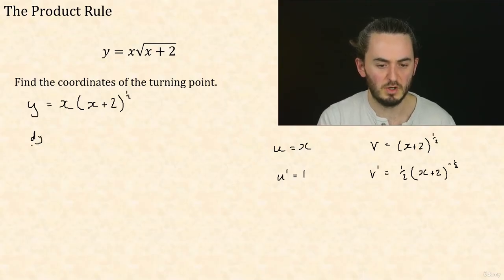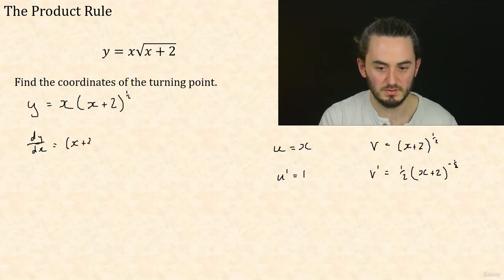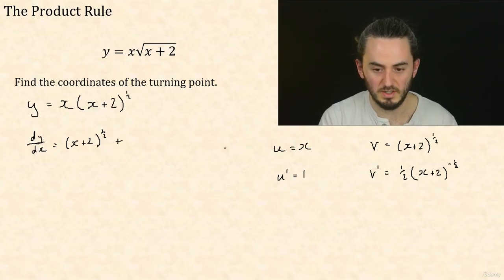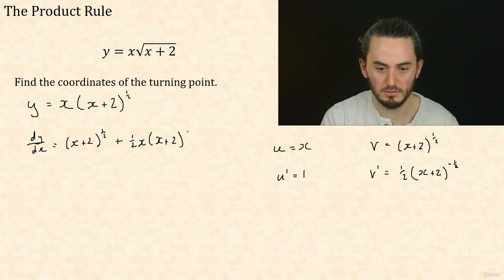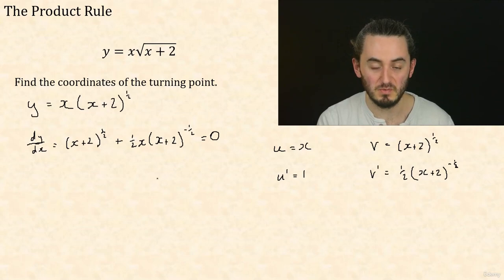All right, so we've got dy by dx equals, well, it's u dash v, so that's just 1 times x plus 2 to the half, plus u times v dash, which is, well, it's this times this, so that's half x, and then x plus 2 to the minus half, and this is what I need to be 0. Okay, these are actually really difficult to solve, but we can do it.